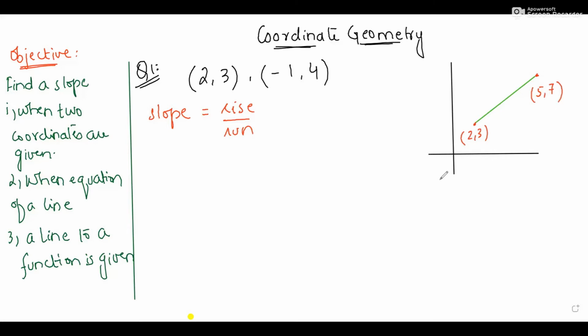These are the two coordinates and you have to find the slope of this line, and you have been provided with these two coordinates. So what is basically rise and run? Rise is basically the y-axis, and the x-axis is equal to run.